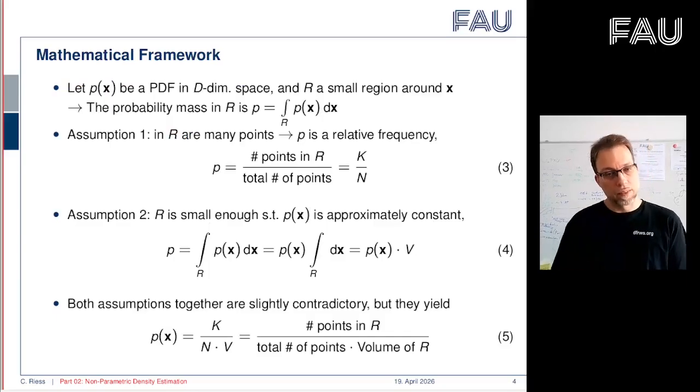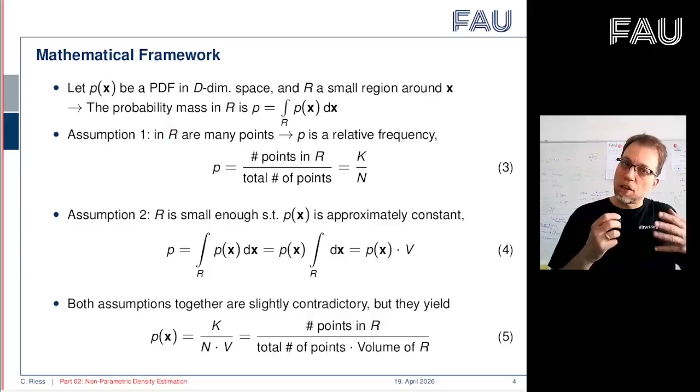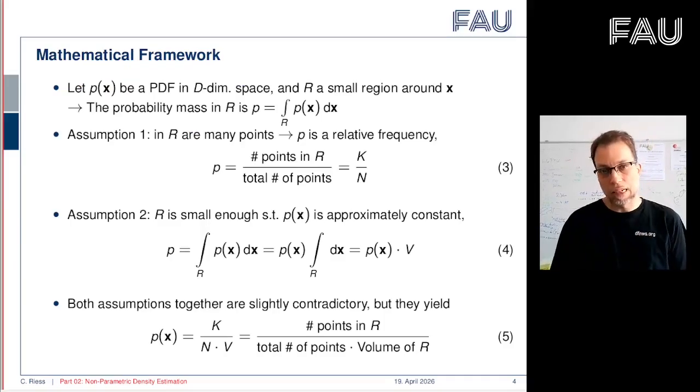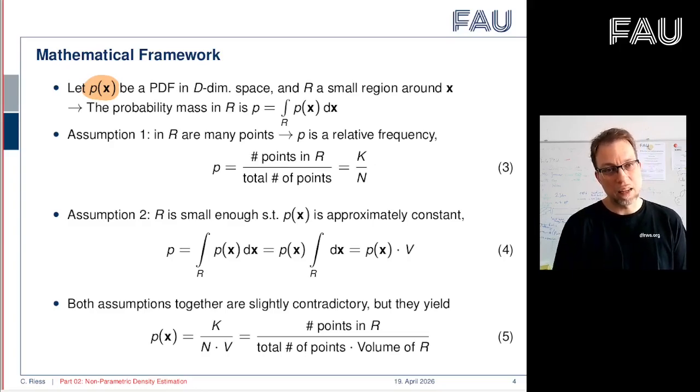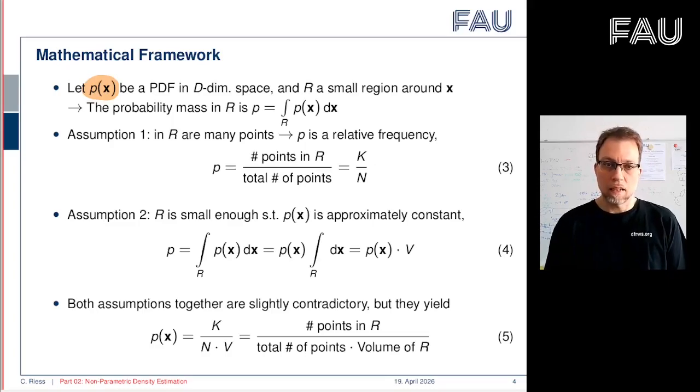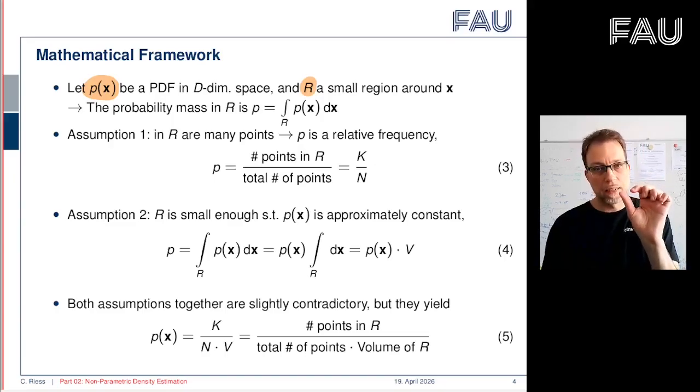So how does it work? The beauty of this is they share a joint mathematical framework. At least the underlying basis is the same. So let's have a look at this. P of x shall be a probability density function, so x unspecified, shall be a probability density function in a d-dimensional space, and R shall be a small region around x.